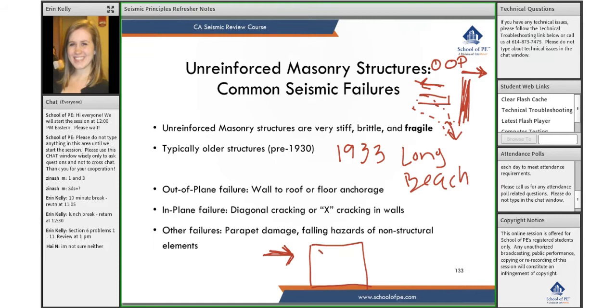So if you have an in-plane load, you can see an X bracing here. So we talked about with a reinforced masonry structure, it's a lot more likely to see the step bracing, and that's essentially the same as this X cracking, except that this wall doesn't have the benefit of having the weak points.